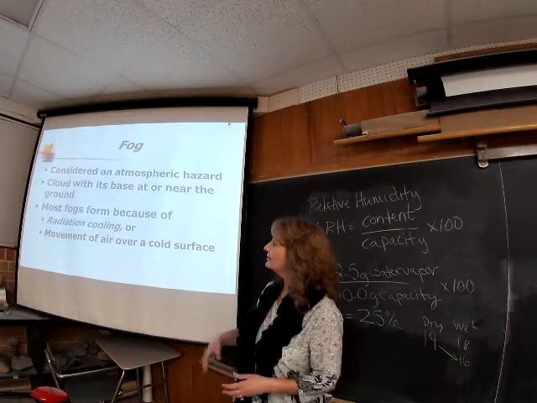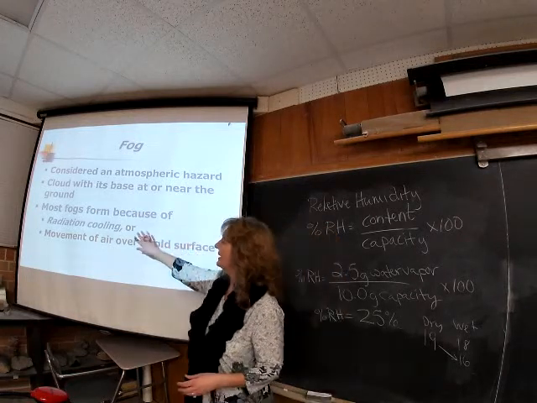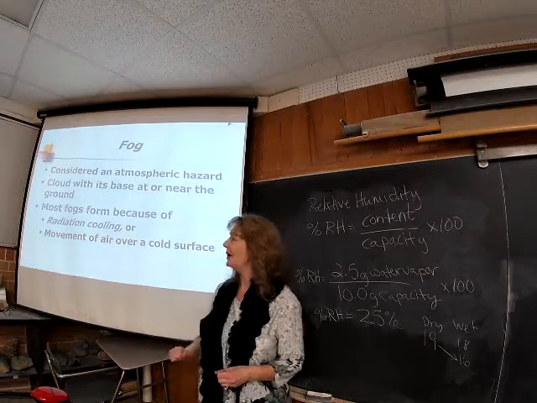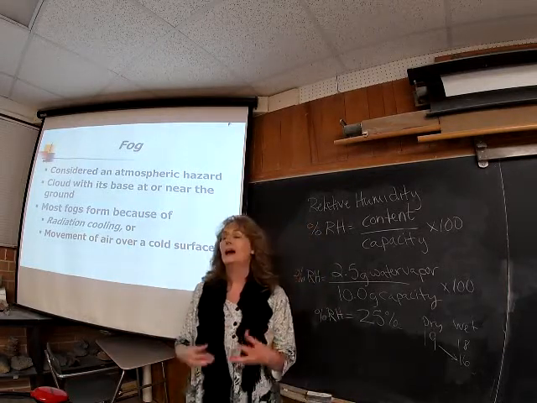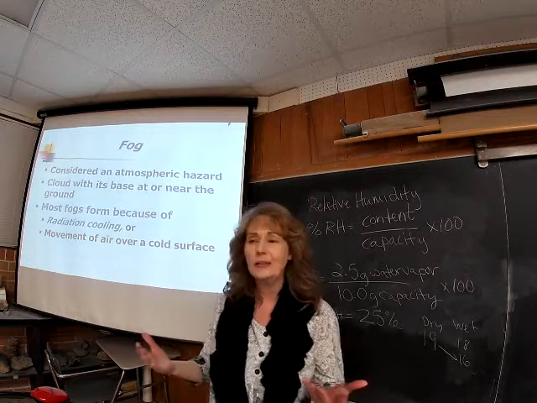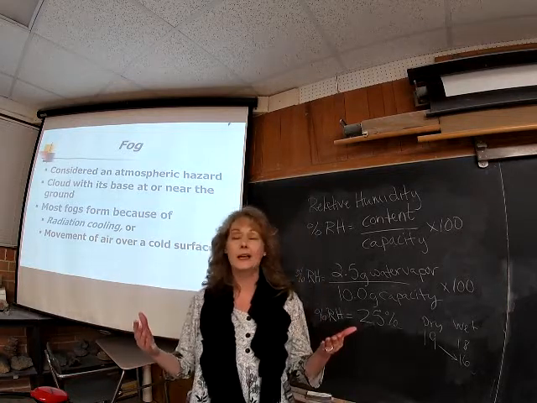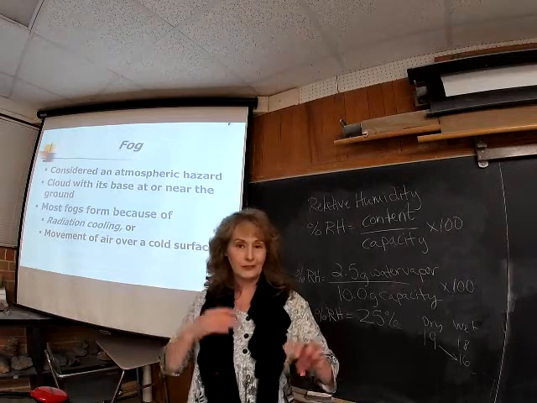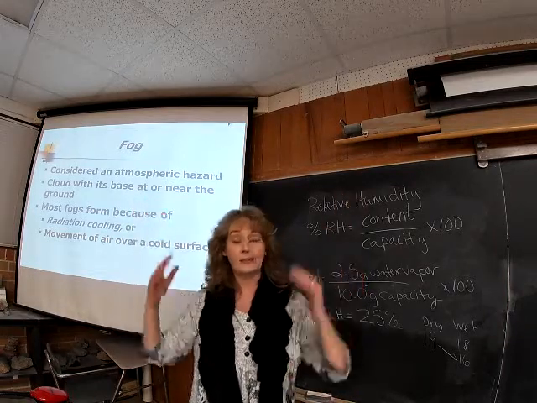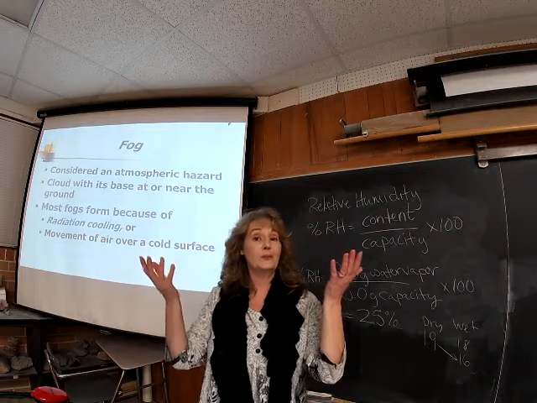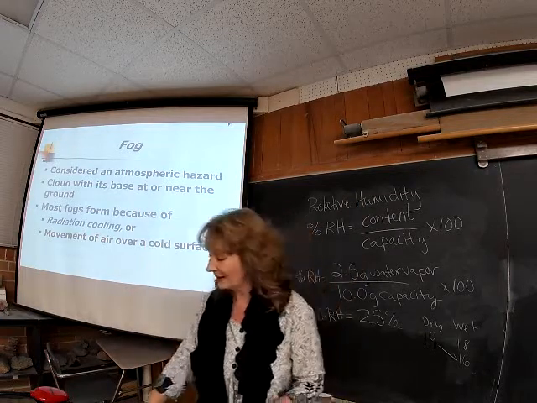So most fogs form because of radiational cooling. When we have movement of air over a cold surface, we can get that radiational cooling. Like on a clear night, all that terrestrial radiation is trying to make its way out to space, and when we have a clear night, radiational cooling can cool the ground down.